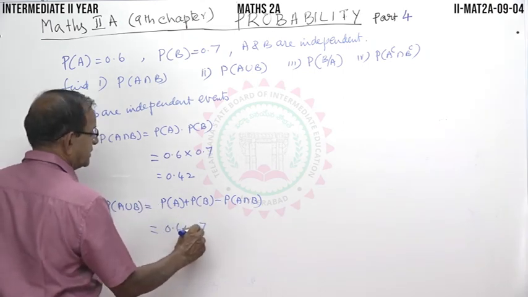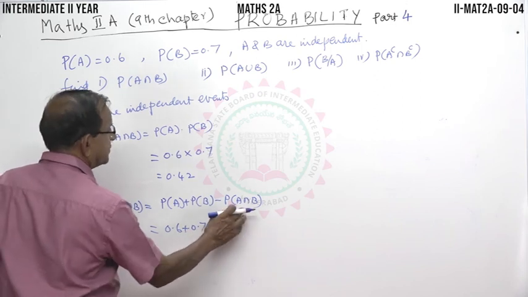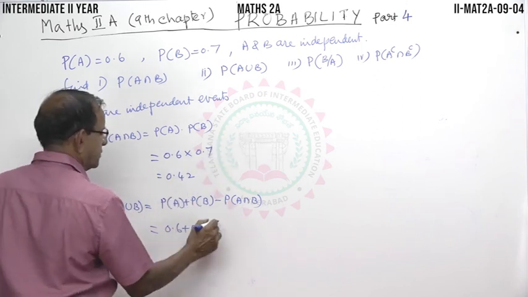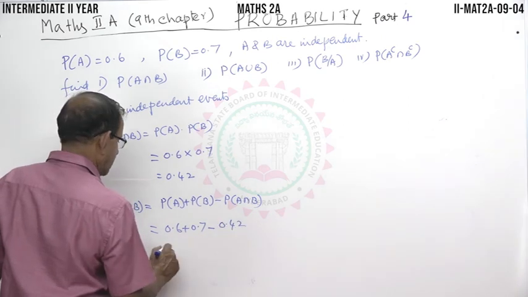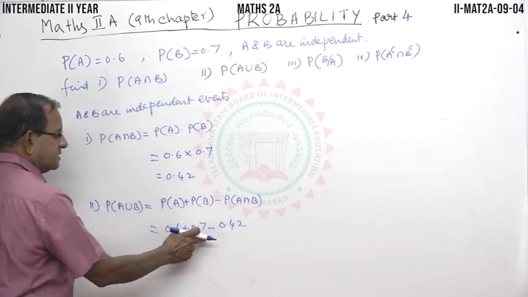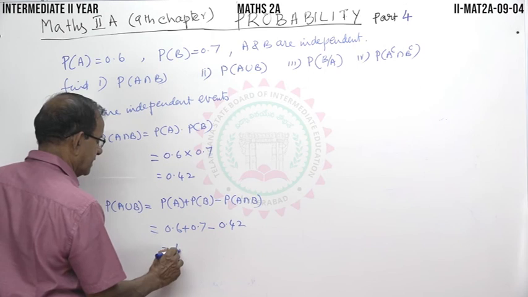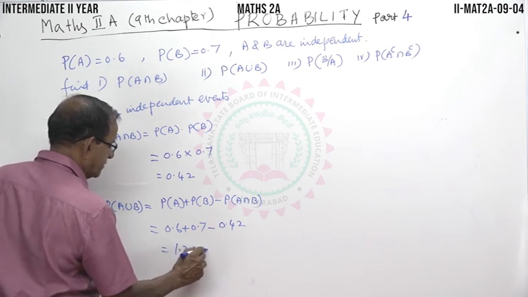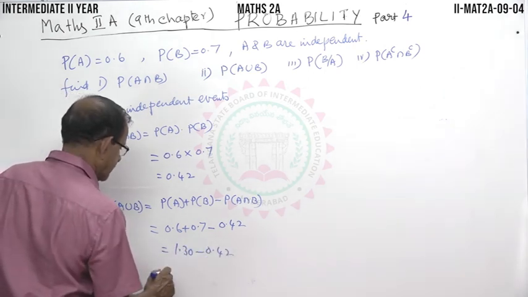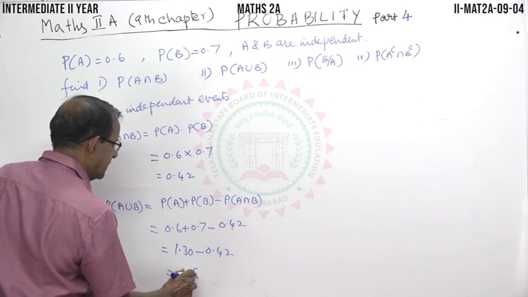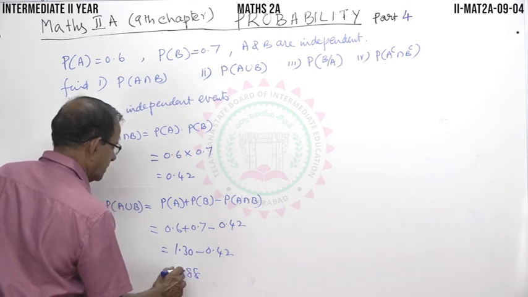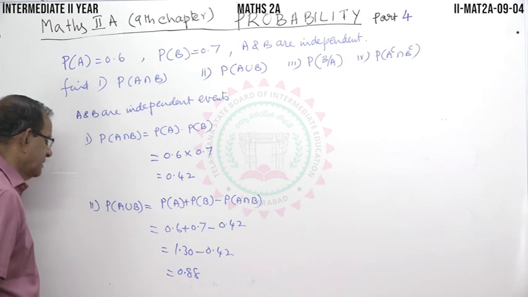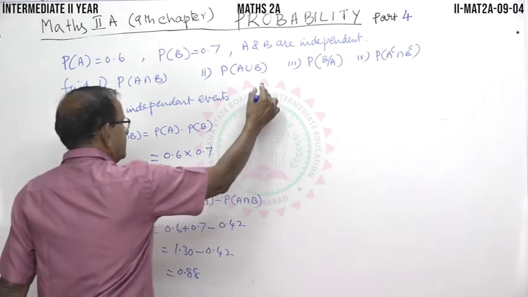This is 0.7 minus P of A intersection B, calculated as 0.42. So 0.6 plus 0.7 is 1.3. We can write 1.30 minus 0.42. Subtract, 0.88.